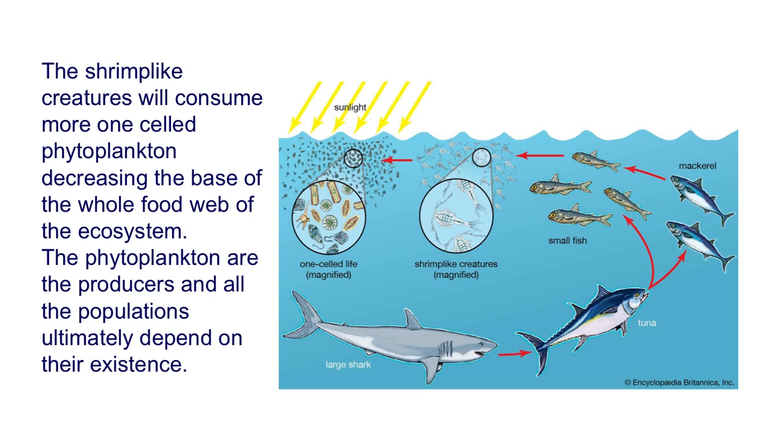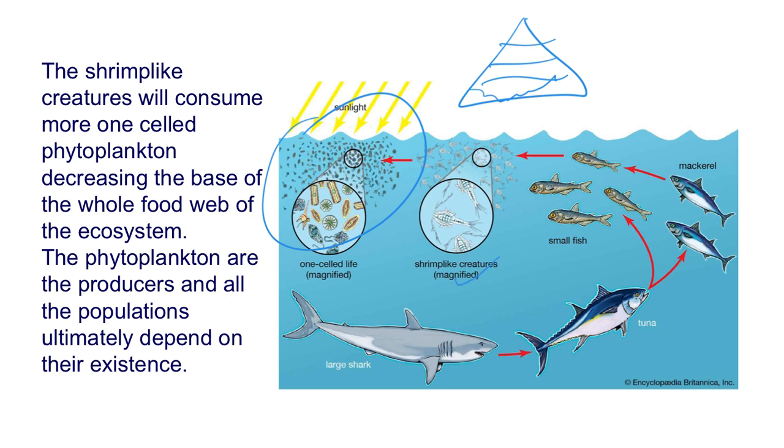So this is the bottom of the energy pyramid, right? If you chip away at the base of the ecosystem, and the phytoplankton decrease in numbers, you're not going to have enough energy to feed the primary consumers, which would be these zooplankton.